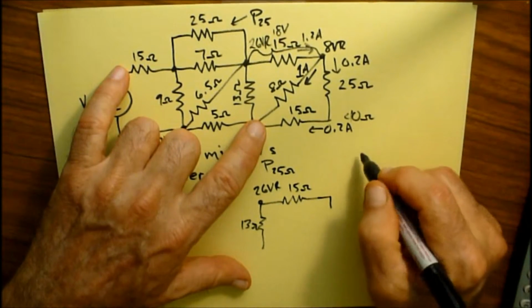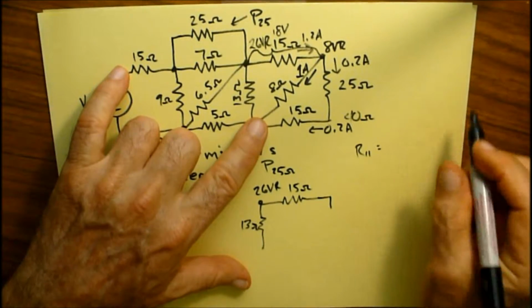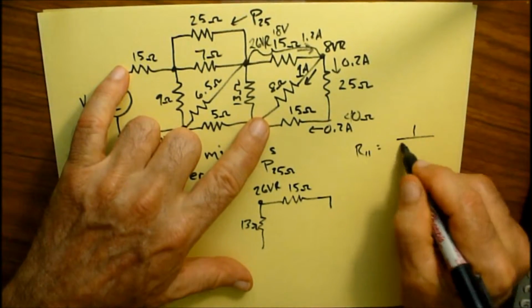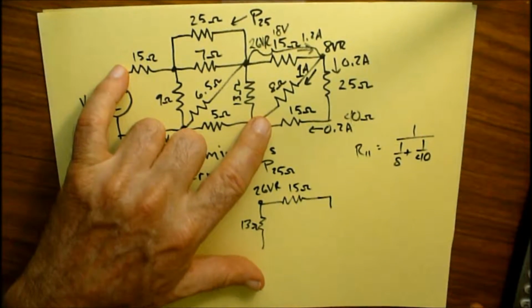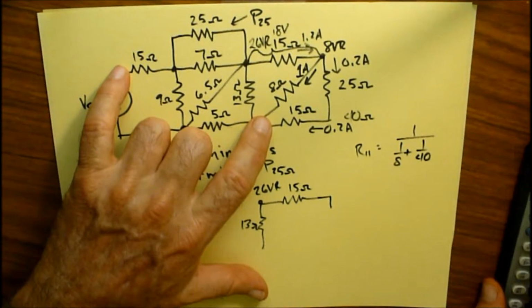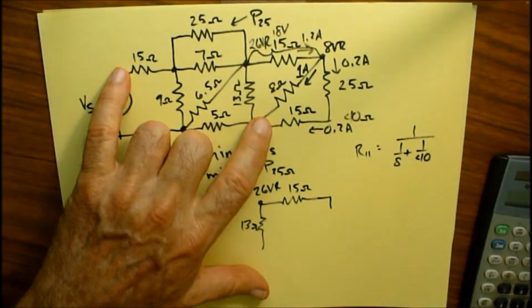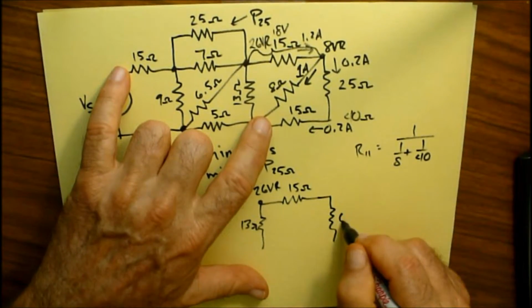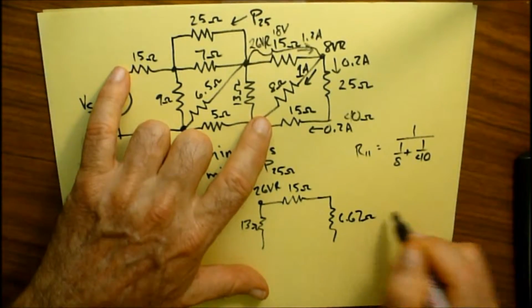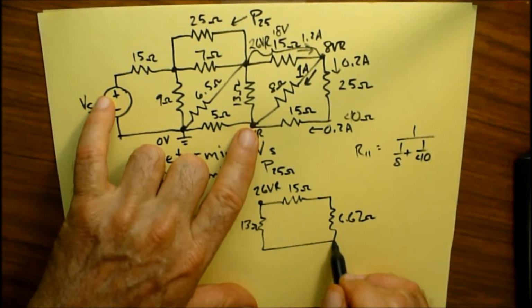And that means my R parallel is going to be equal to 1 over 8 plus 1 over 40. And that comes out to basically a 6.67 ohm resistor.